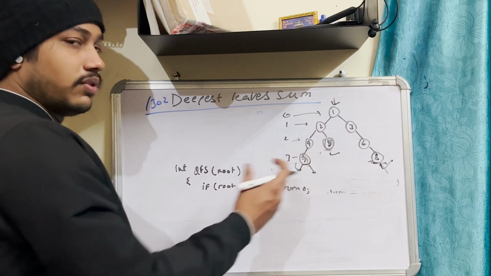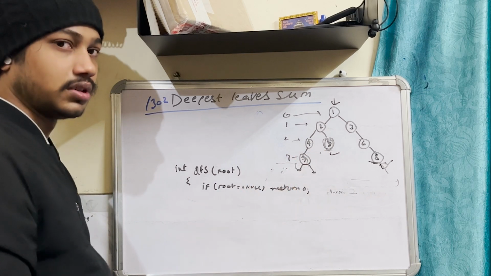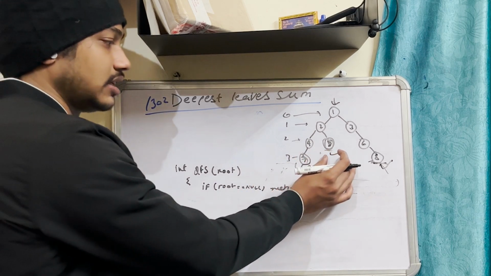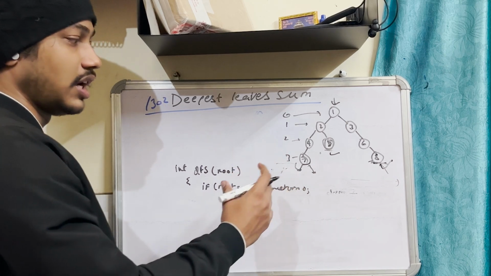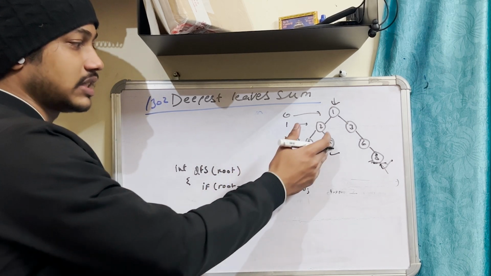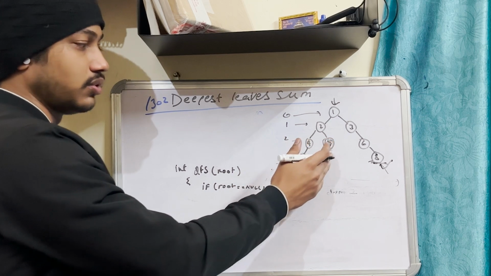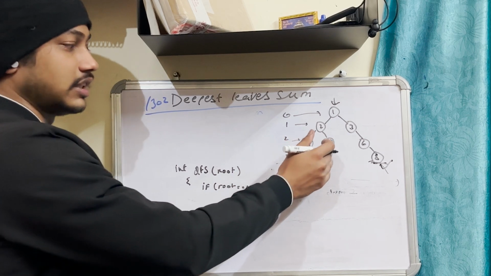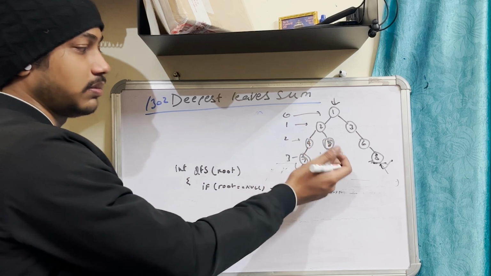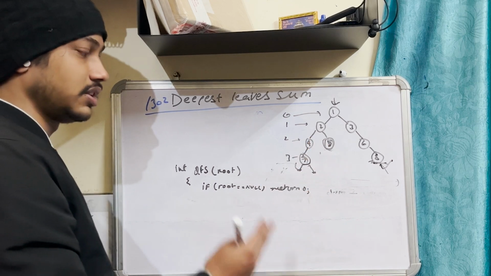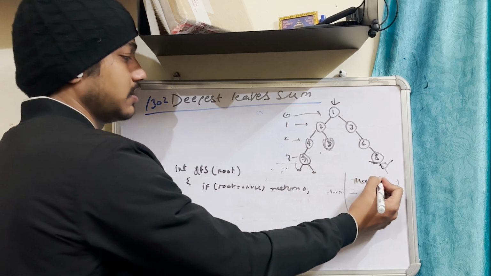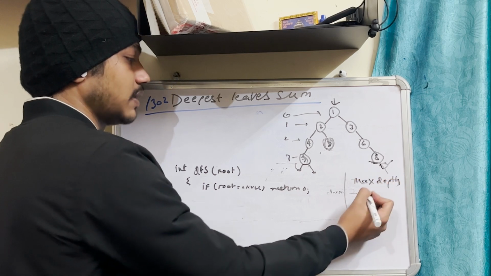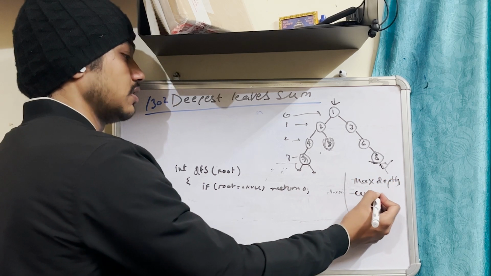I hope you are understanding why we are doing this. Basically we want to distinguish the leaf nodes. We have this leaf node and this leaf node, and we want to distinguish which is the deepest. To do that, if we are standing here, we should know the depth of this tree and the current depth of the node. These are the two things we need: the maximum depth, or maximum height, and the current height.